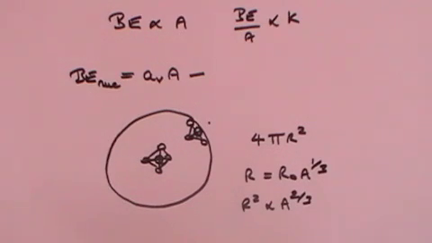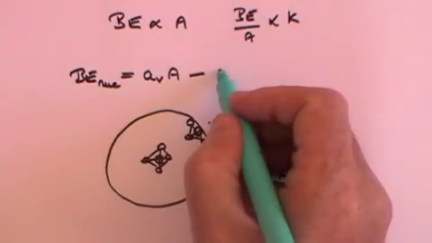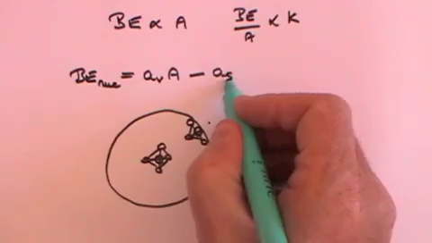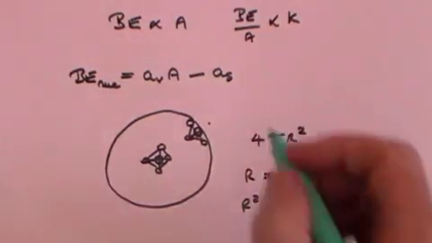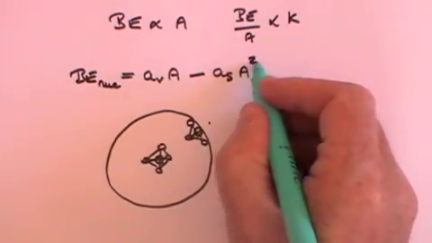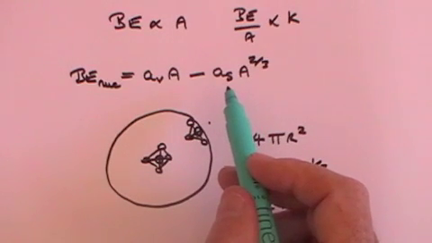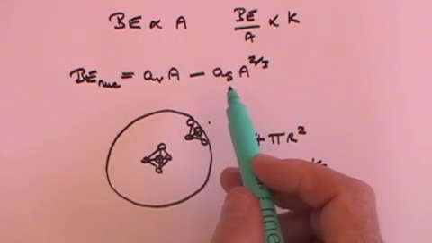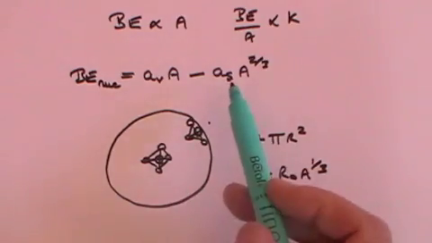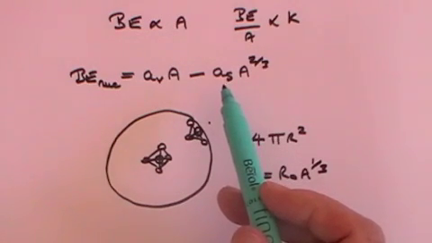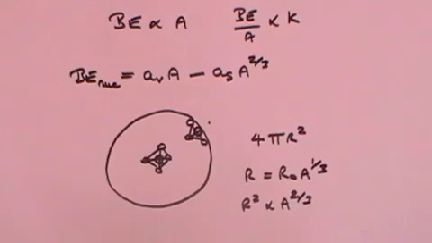Consequently, the correction term that we need to put into this is going to be proportional to A to the 2/3. And what we actually say is there's a constant of proportionality, which we'll call the surface term, A_S, times A to the 2/3. And that term is reducing the binding energy because the nucleons on the surface aren't experiencing quite as much binding energy as those in the middle. So that's why it's a minus term. It reduces the amount of binding energy.